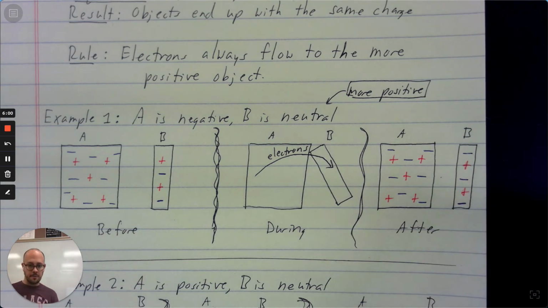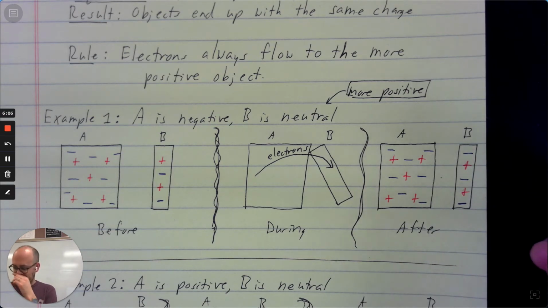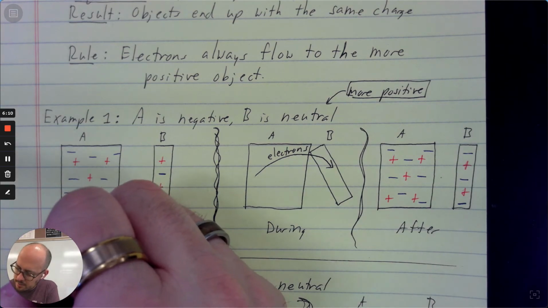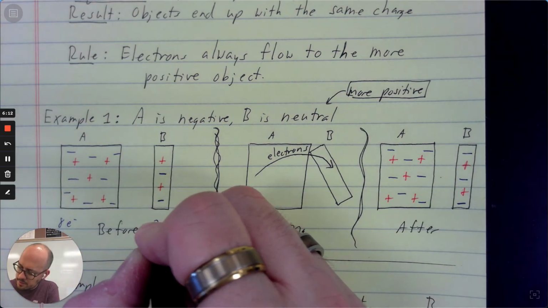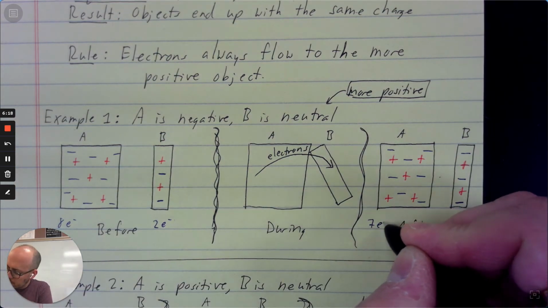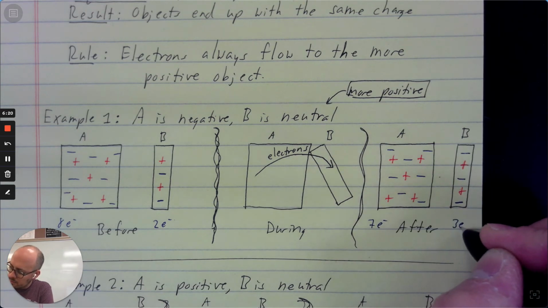And so it's a very subtle change. Probably could have done a better job picking numbers, but to summarize, this had 8 electrons, and this had 2 electrons at the beginning. And in the after section, this has 7 electrons, and this now has 3 electrons.